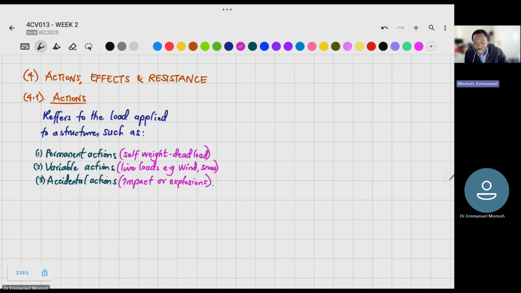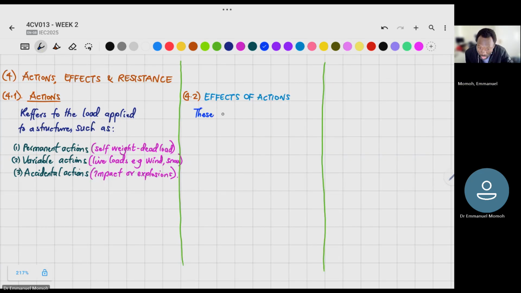Good. So we now move on to effects of actions. Now, these are what loads do to the structure, and effects of actions are represented by the letter E. An example of what loads do to the structure are bending moments, shear forces, and axial forces, like you already know.